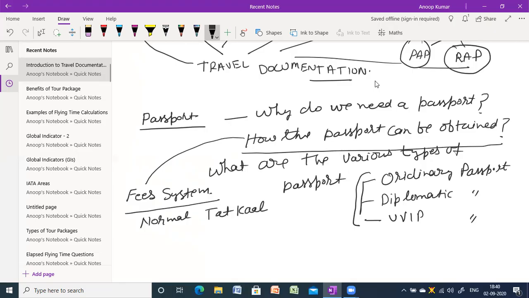So we will discuss the normal process to obtain a passport, and we will also discuss the tatkal scheme. Then we will study the number of pages in a passport, like we have a 30 pages passport, 36 pages passport and 60 pages passport. We will discuss these in detail.